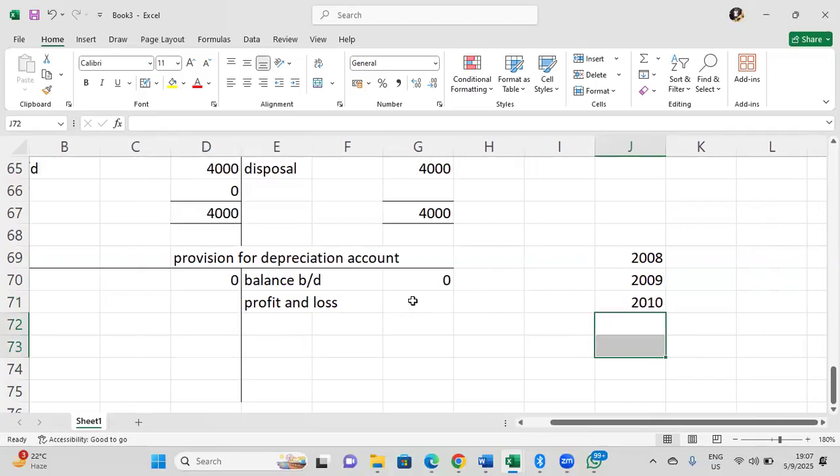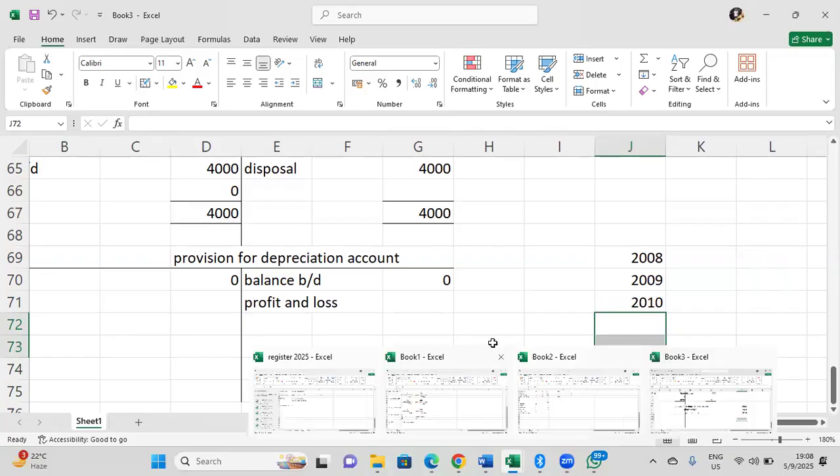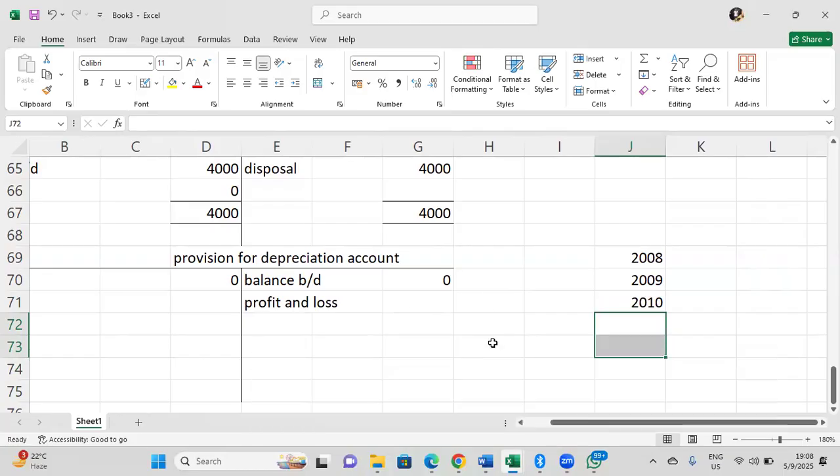The 2008 depreciation is what we write under profit and loss in 2008. The 2009 depreciation is also what we write under profit and loss. So for profit and loss, we put the depreciation for that year.